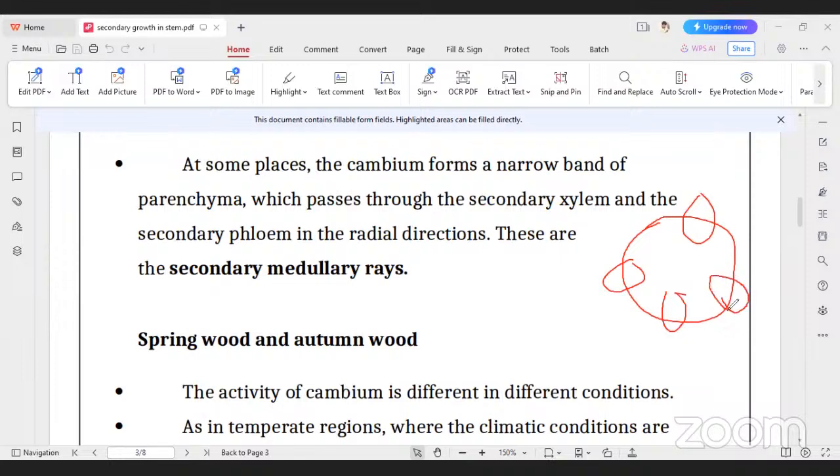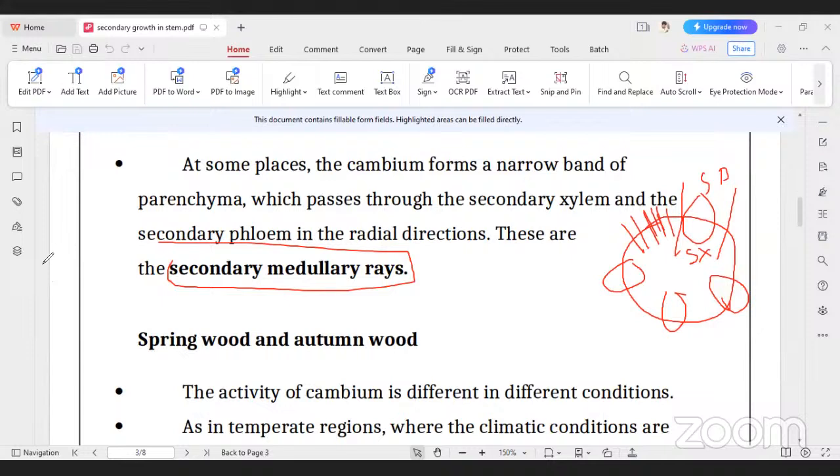Where the vascular bundle is present, only in this region are secondary xylem and phloem formed: secondary xylem on the inner side and secondary phloem outside. But in the cambium ring between the vascular bundles, secondary medullary rays are formed on both sides, inside and outside. Apart from the secondary xylem and phloem, these secondary medullary rays also form on both sides.